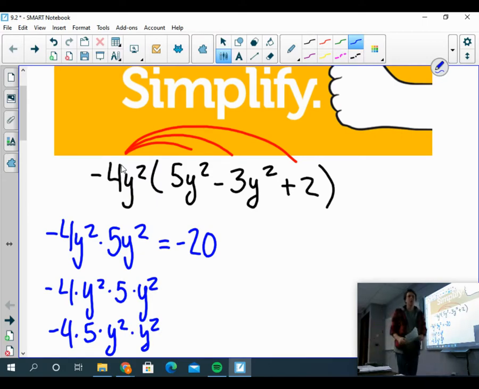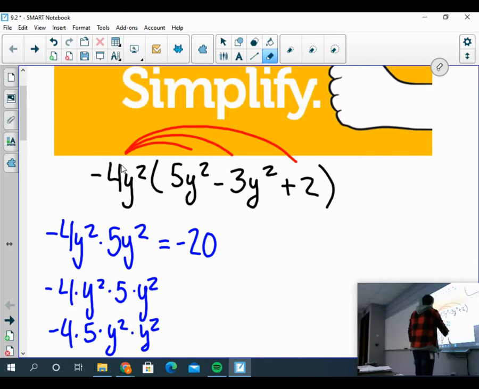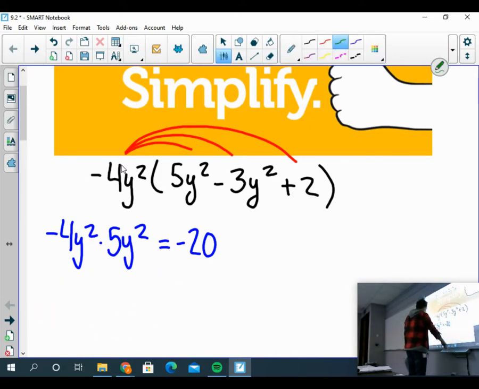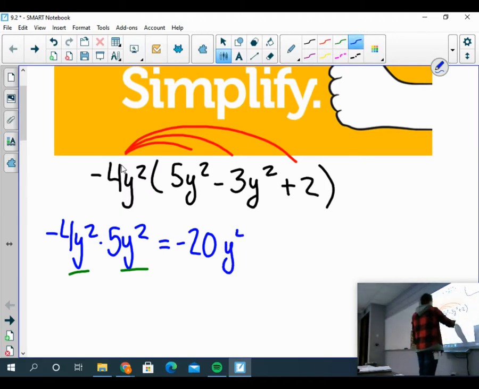That's the commutative property: 3 times 4 is the same thing as 4 times 3. So I multiply my -4 and my 5 together and get -20, and that leaves me multiplying together y squared and y squared. Like bases multiplied together means you add the exponents, and I get negative 20y to the fourth.